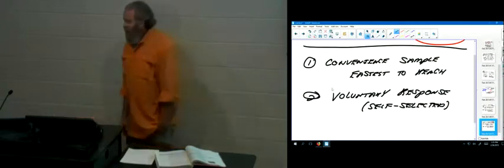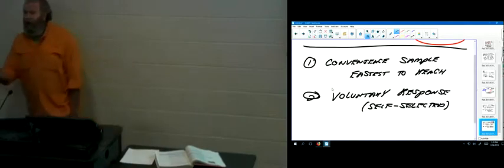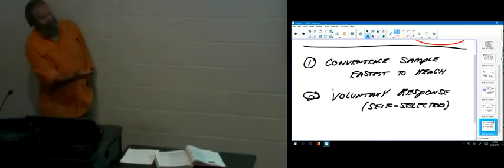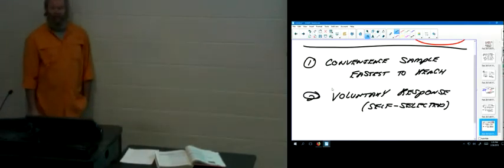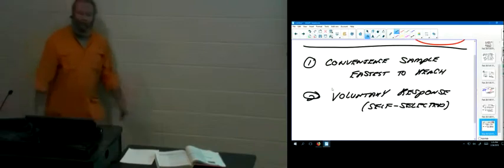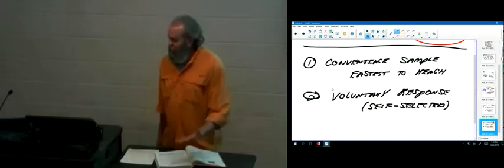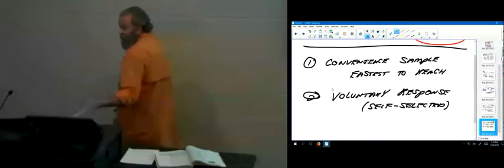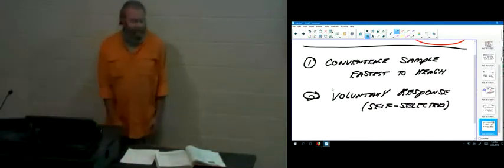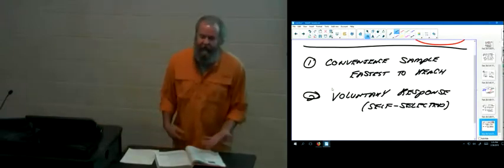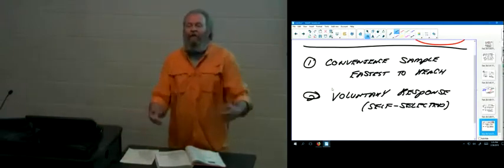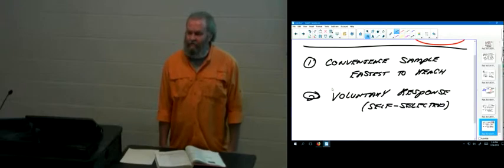So what are we talking about? You know all those call-in polls, these phone-in polls, where you get on the internet and vote for this? Did you select yourself for those? Did you volunteer your response? And the answer is, yeah. Do you think when I would use one of these voluntary response samples, where I let people self-select themselves, that my sample would be representative of the population that way?